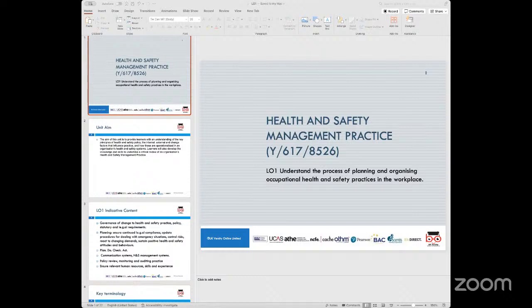But there is no specific chronology recommended for the study of these units, because they all have health and safety as part of them. Some units are primarily focused on policy, some are practical and focus on implementation, and one or two are specifically focused on giving you a good knowledge of how you would become a health and safety practitioner.